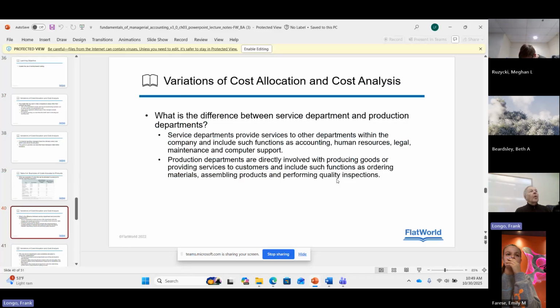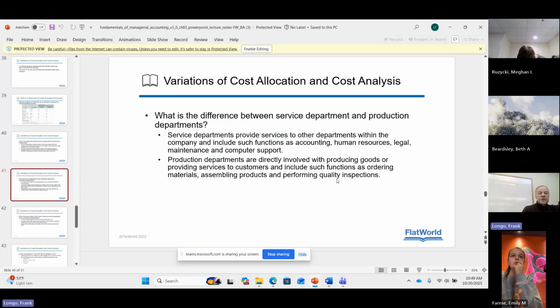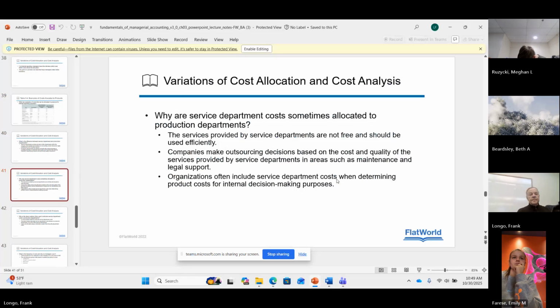So a service department is different than a production department. The production department makes the product. The service department provides other departments with a service. It could be accounting, human resources, computer support. So those are different. There are costs associated with each.